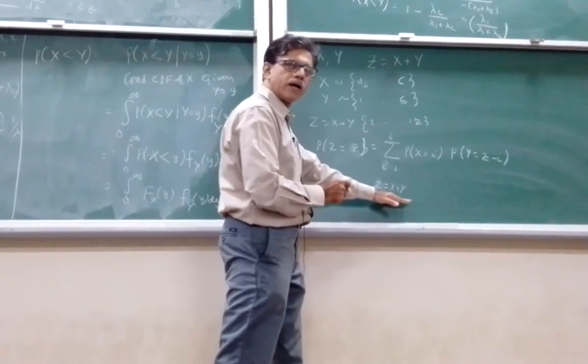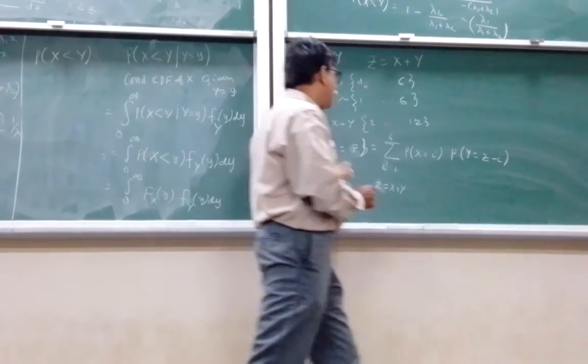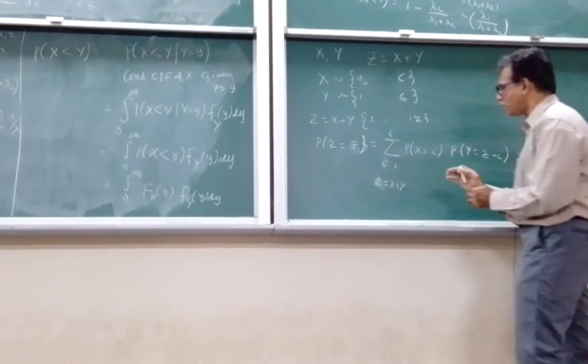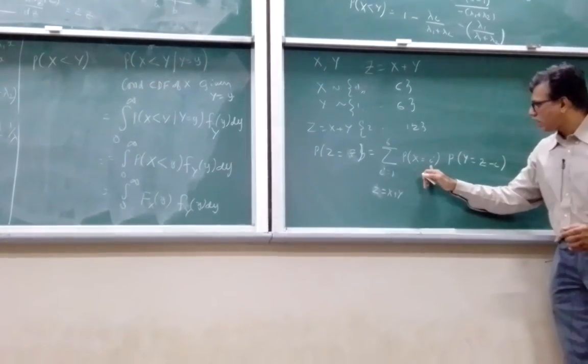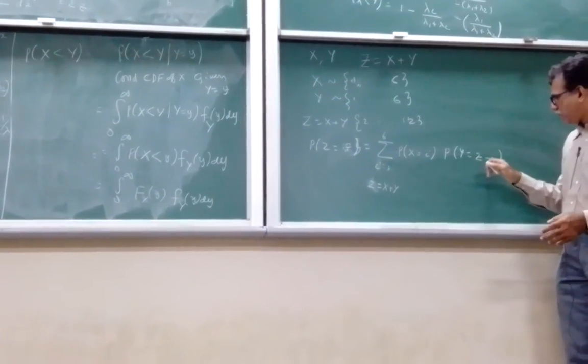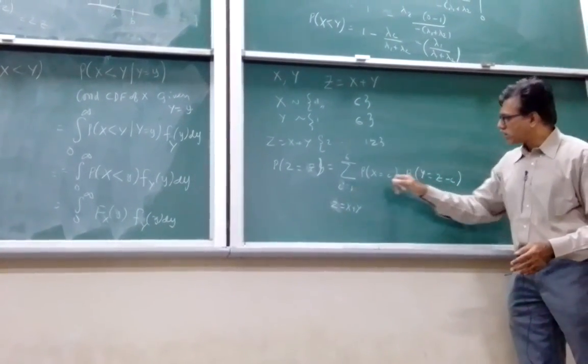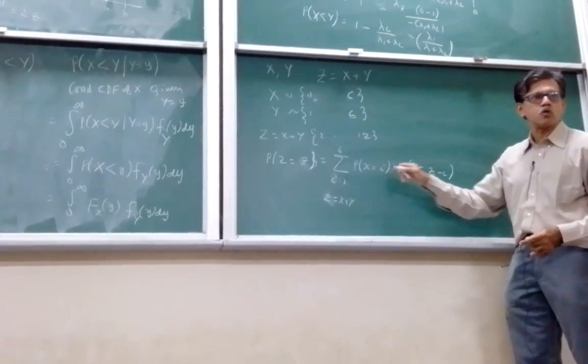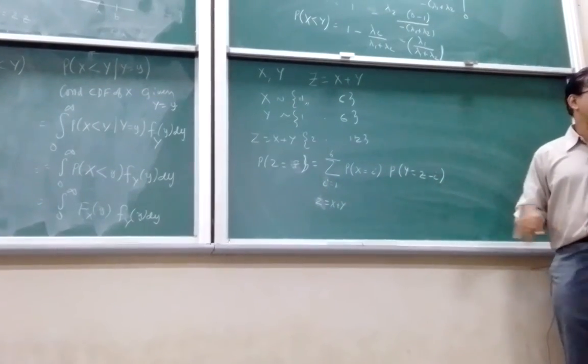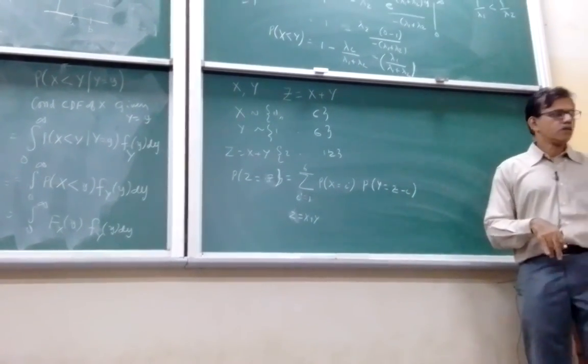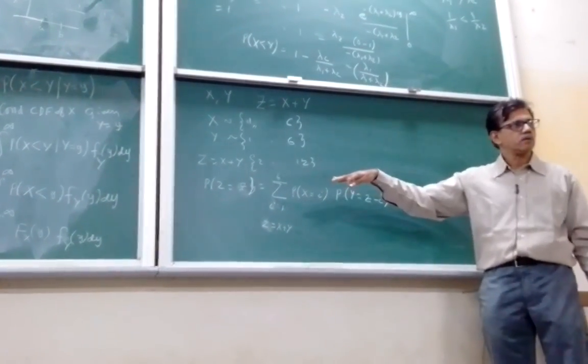Whichever valid values come: if you put 1, then it becomes 5, 3 becomes 4, 4 becomes 3, and so on. This is how you can arrive at it.